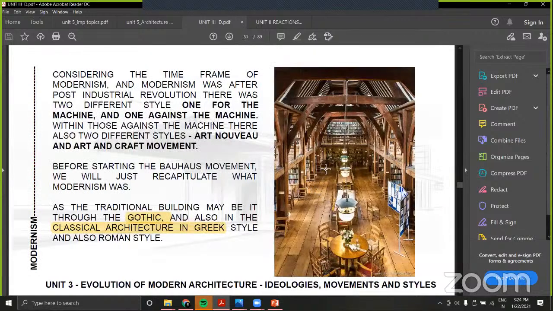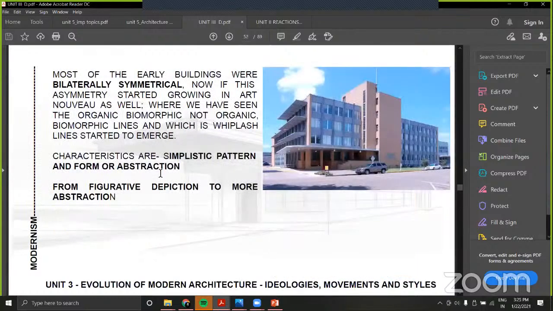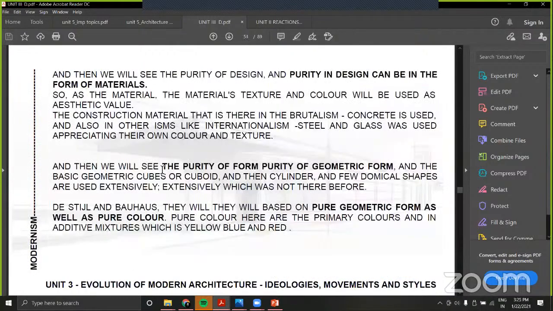Now into modernism. After traditional building, through the Gothic and the classical styles of architecture, modernism is one of the movements they wanted to start after De Stijl. Before the Bauhaus movement, modernism played an important role, and I will show you the example.